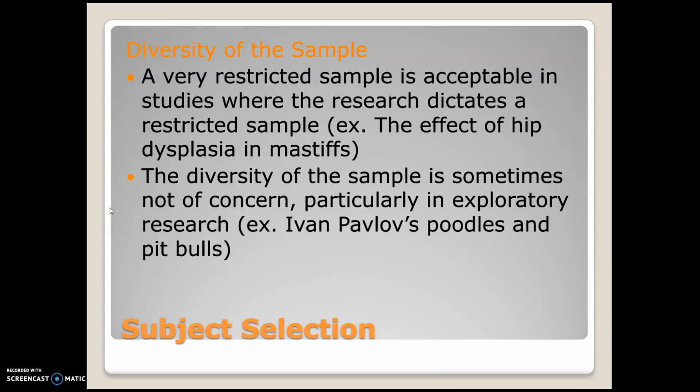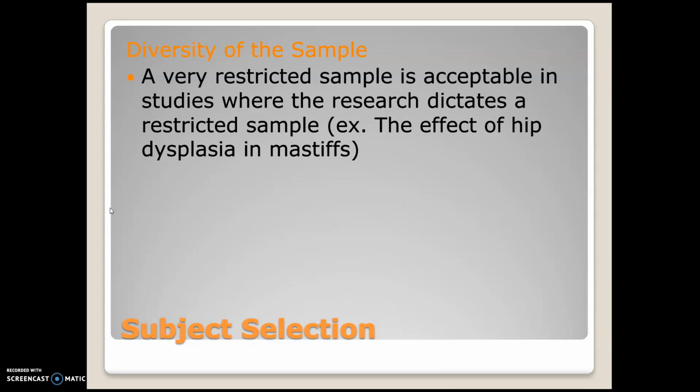So sometimes, right? Sometimes you don't need a lot of diversity. Sometimes you can use a very restricted, it says restricted there, let's call it limited, a very limited sample is okay, sometimes, okay? So for example, if I was doing research on hip dysplasia in mastiffs, so mastiffs are really, really big dogs, and they can get hip dysplasia.